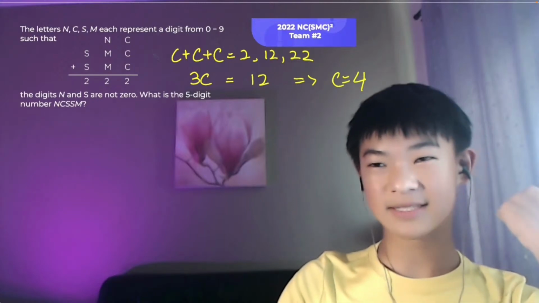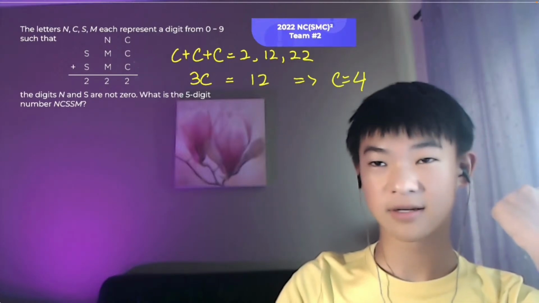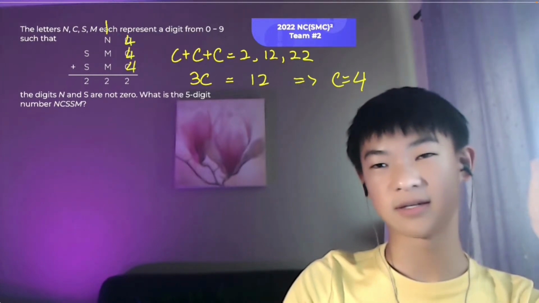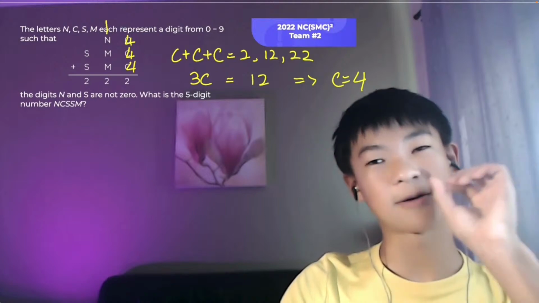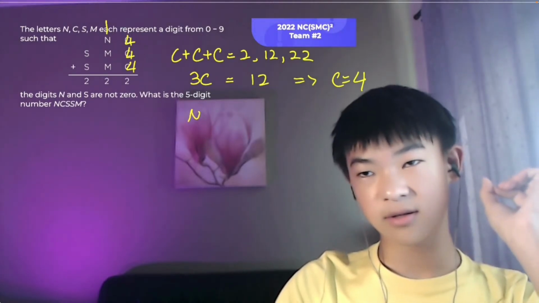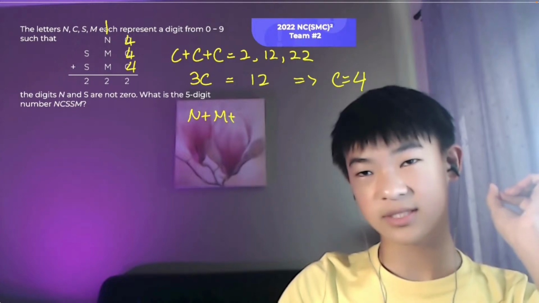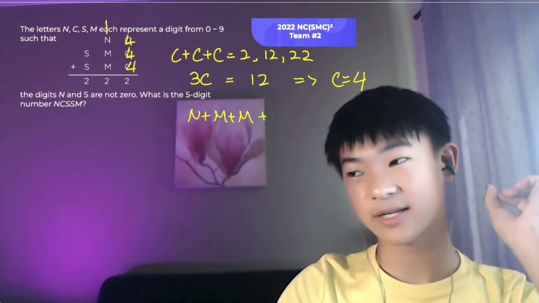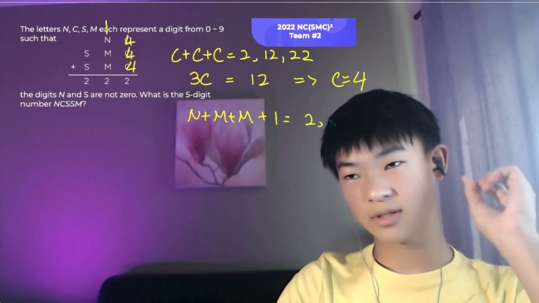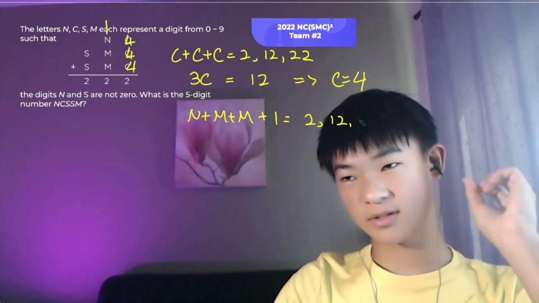Now, if we replace C with 4 in our addition, we'd see that there's one carry for the N. So now we have N plus M plus M plus 1 is equal to 2, 12, or 22.